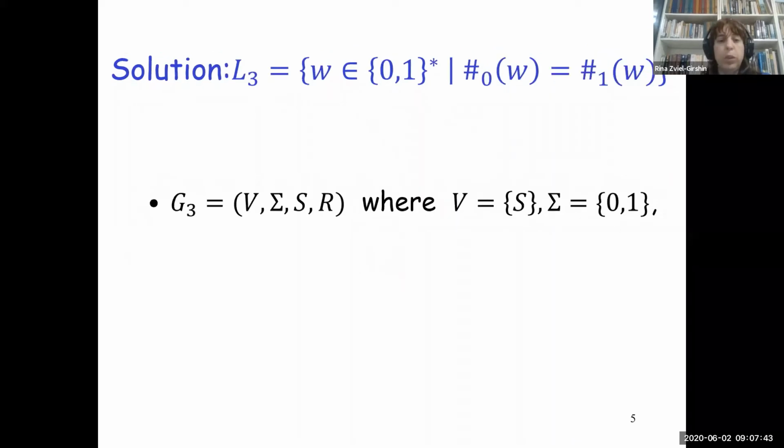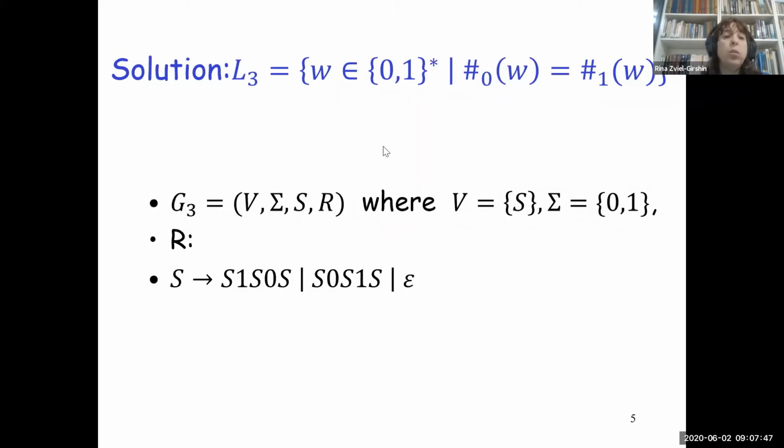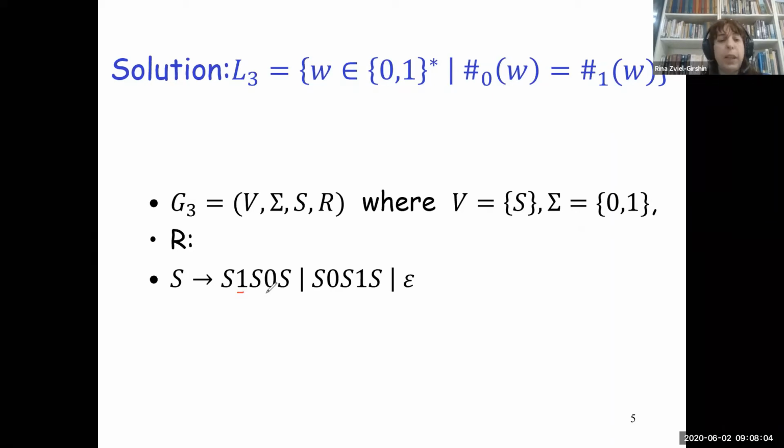Wait, I moved into incorrect direction. But I don't know if I will see as the first symbol one or zero. So I use the following combination. I have 1S0. So for one in prefix, I added zero in suffix.